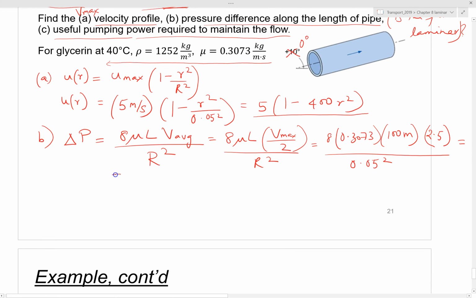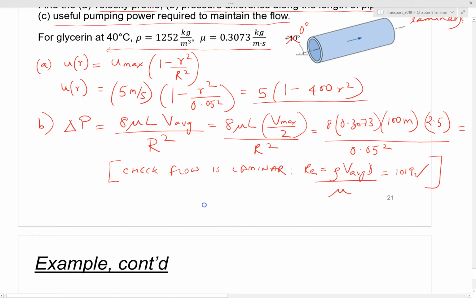Okay, so now that we have this information, we have to check if flow is laminar. How do you do that? Reynolds number, always remember that. So for this particular case, it is around 1000. That means it is laminar.